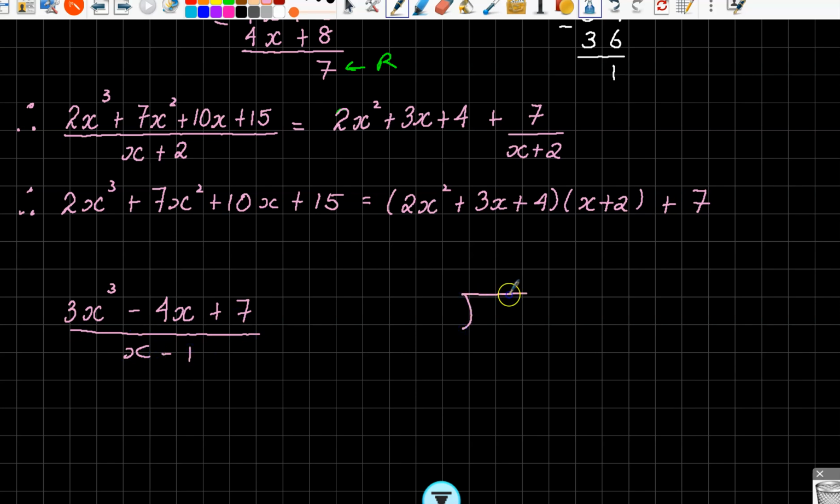When you set up your division, you should go 3x cubed. Now there's no x squared there, so I would actually put in plus 0x squared. Just keeps everything in order, keeps things nice and neat. So see if you can have a go, have a practice, but we'll go back over these in class.